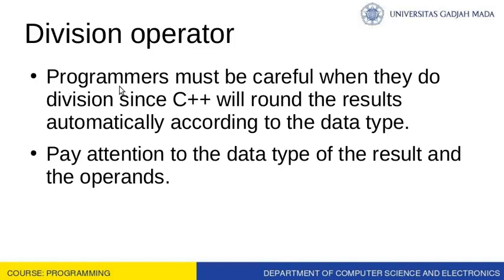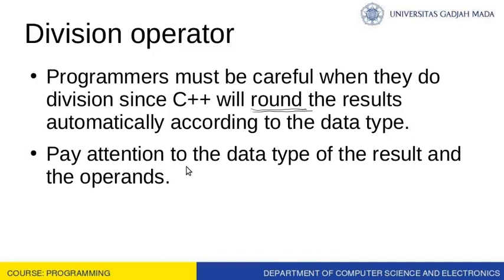So programmers must be careful when they do division in C++, because it will round the result. This is the source of the problem: if we do not know how this operator works, then there is automatic rounding in C++.